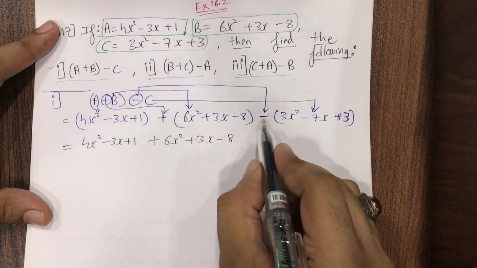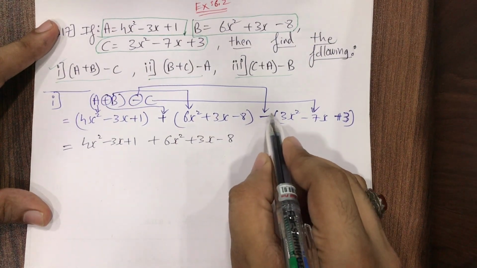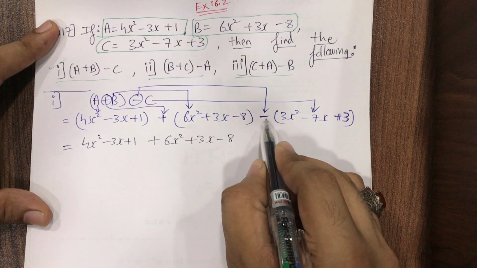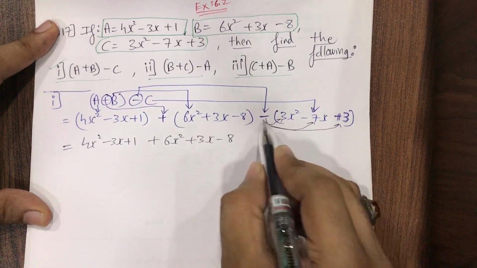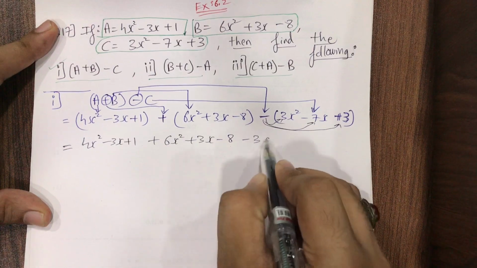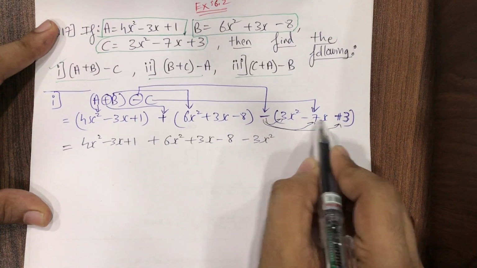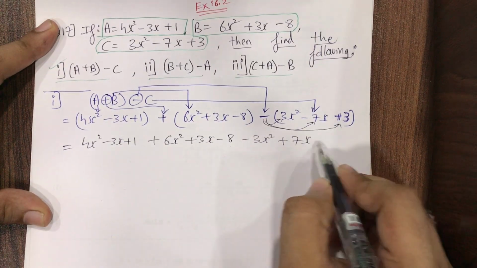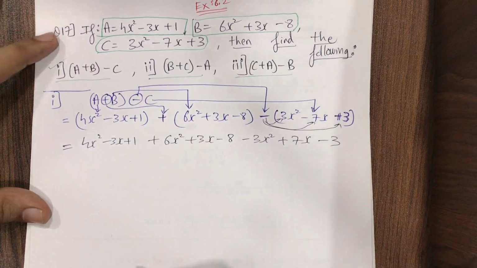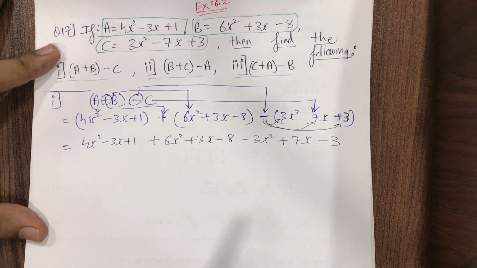But be careful because I have a minus sign here. It's like minus 1 multiplied with this bracket. So this minus will be multiplied with this term, and also with this term. So minus into 3x square becomes minus 3x square, minus into minus 7x becomes plus 7x, and minus into plus 3 becomes minus 3.